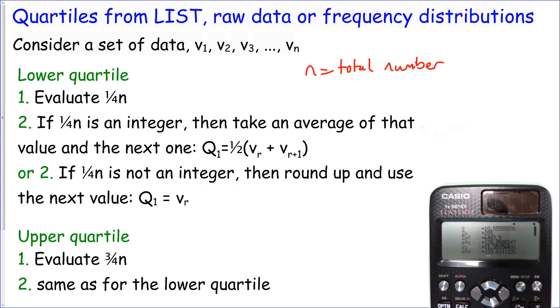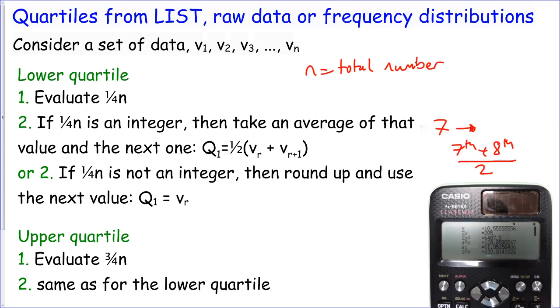If we get an integer for 1/4 of n, that means that the quartile is halfway in between that thing and the next thing. For instance, if you get 7, we're going to look at the 7th thing plus the 8th thing and then divide it by 2 to get an average.